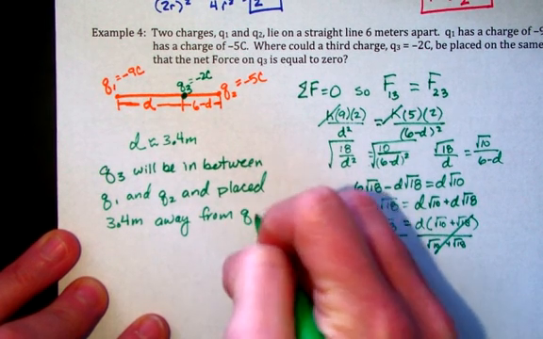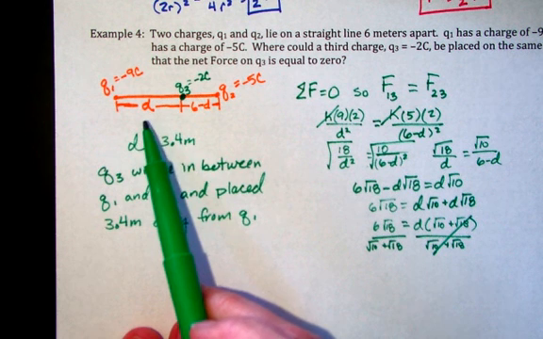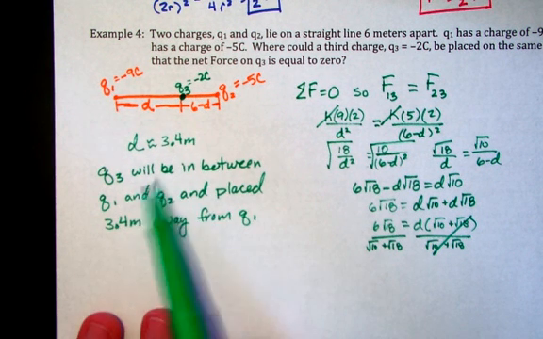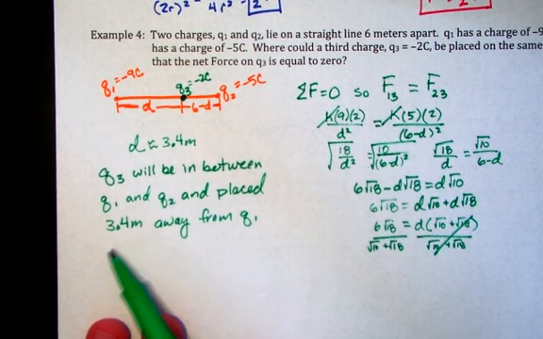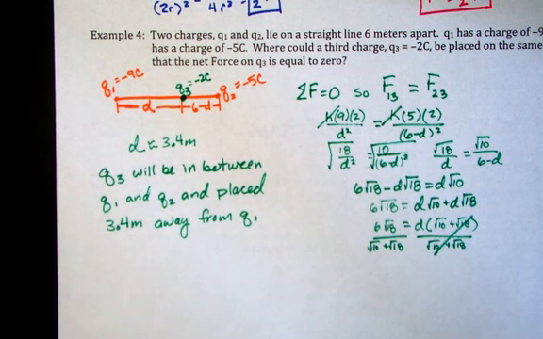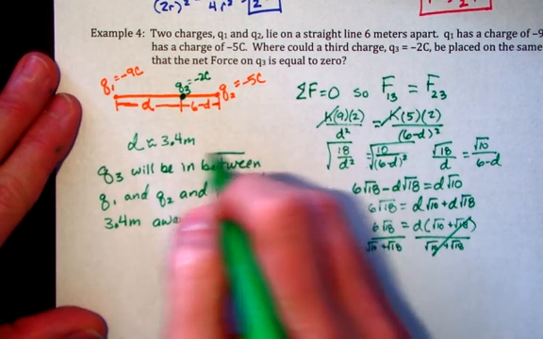From Q1. If we had flip-flopped this, if we made this 6 minus D and this D, we would start the same, but then we would say it would be 2.6 meters away from Q2, and that would also be a correct answer. Okay, so just make sure you write enough to describe it accurately.